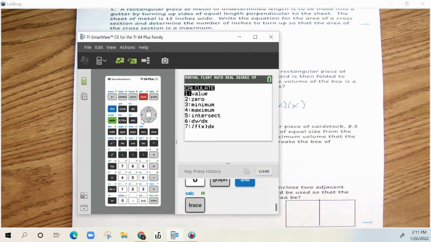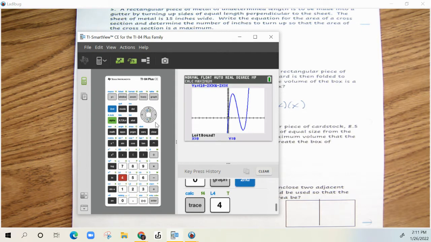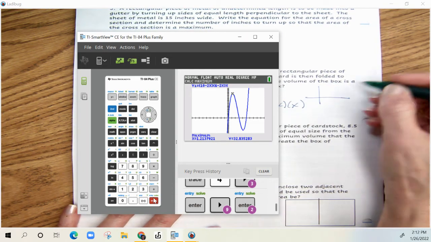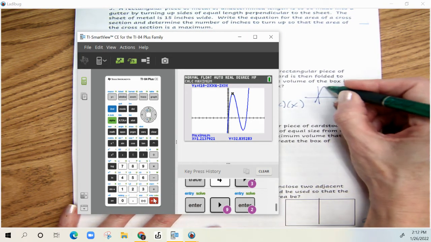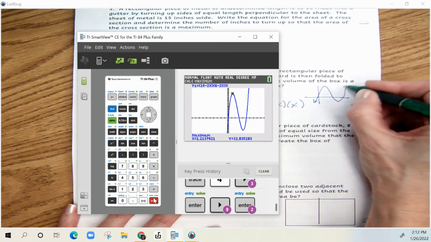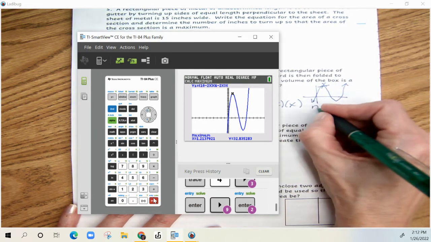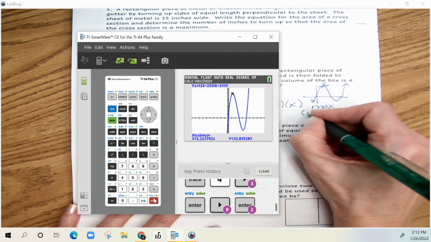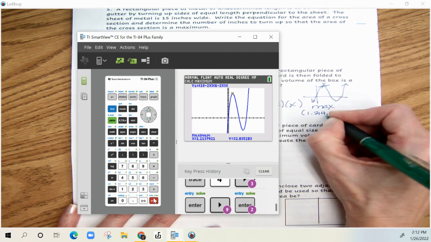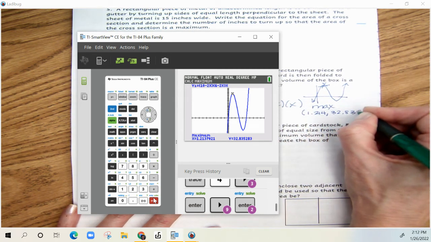Second, trace, max, point to the left, point to the right. And so my sketch looks like this, and I'm trying to find this point right here. So my maximum is 1.214, comma 32.835.